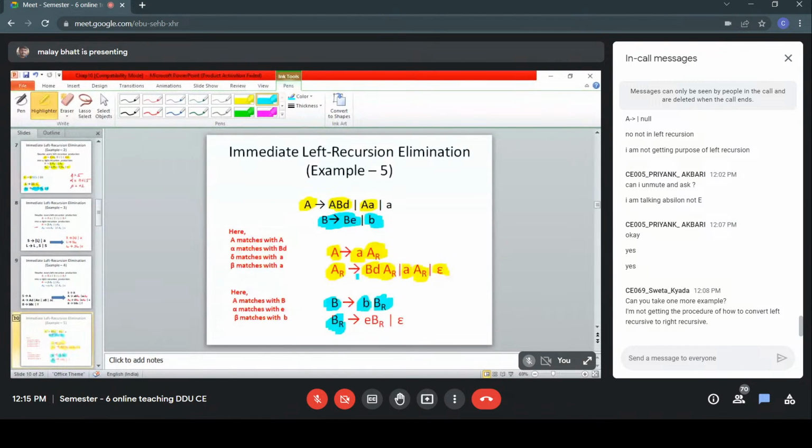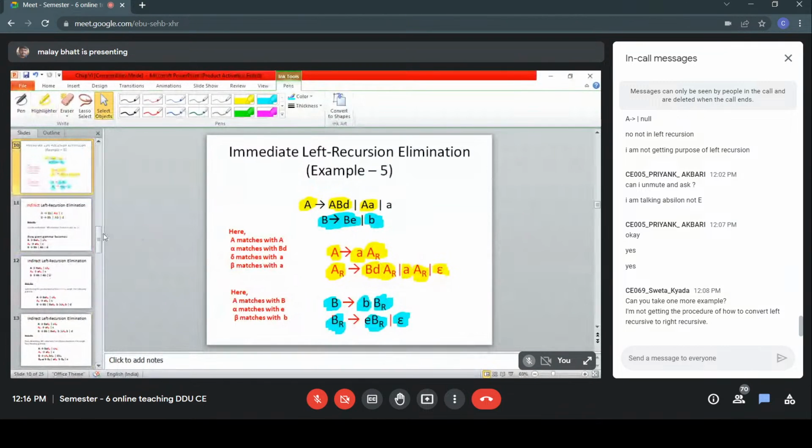So that small e will be your alpha remaining portion, alpha AR, and here null. The new non-terminal is BR in this particular case. Okay, so far we have talked about a direct left recursion. You can clearly see a direct left recursion in these examples.